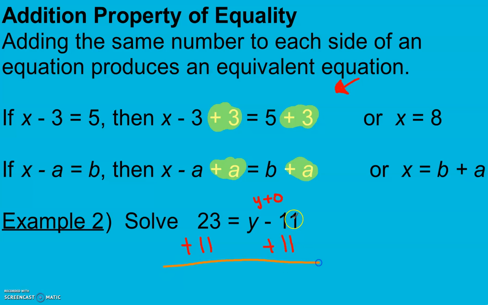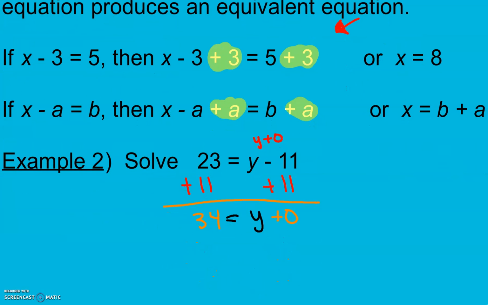Now, negative 11 plus 11 gives me 0, and 23 plus 11 gives me 34. I did not change the fact that they're equal, and I did not change that y. Now I can simplify. Y plus 0 is just y, and I get y equals 34. Now, to check that, we plug it back into our original equation.